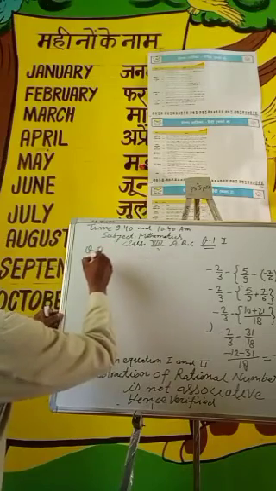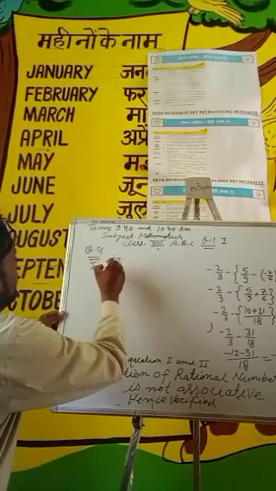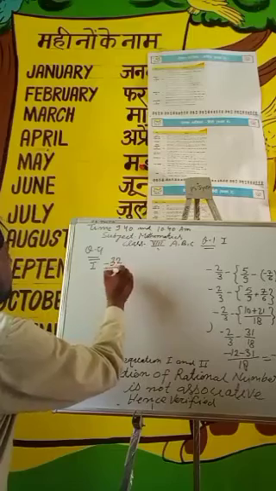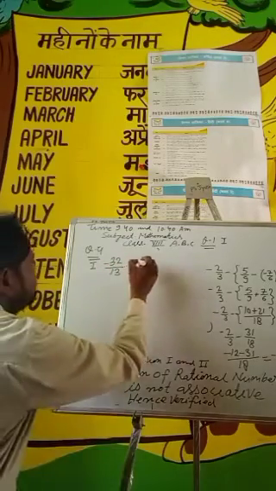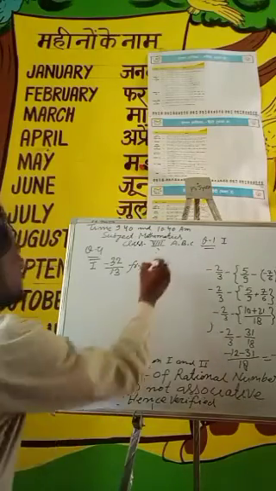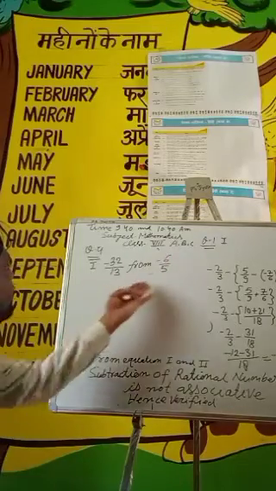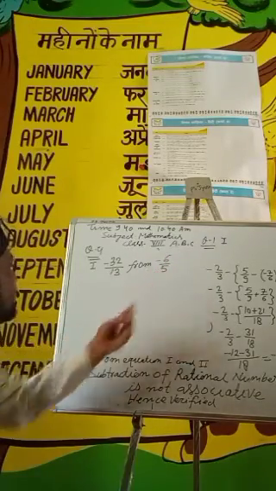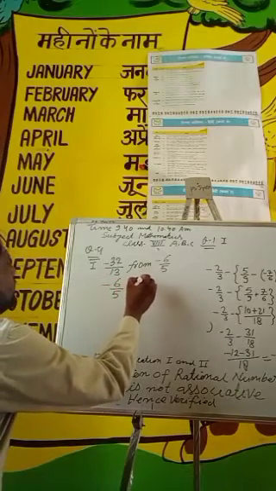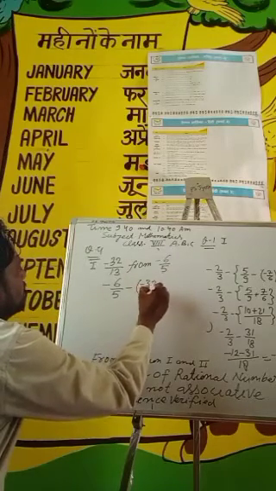We first write minus 6 upon 5 minus bracket minus 32 upon 13.